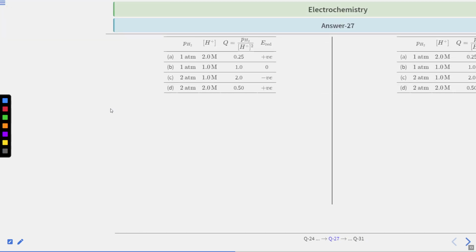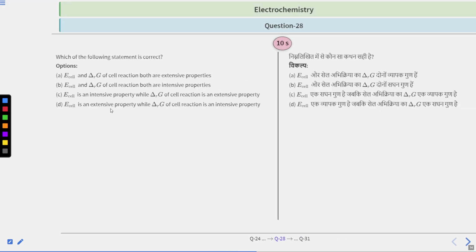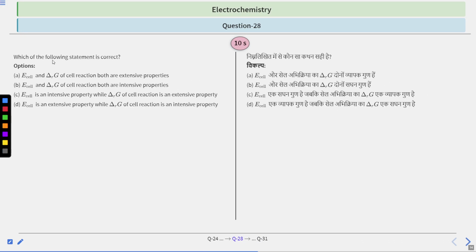Okay. Now let's move to the next question. Question number 28. Which of the following statements is correct? So we have to select the correct statement among the given options. Options are: E of cell, that is potential of cell, and del Rg of cell reaction, both are extensive properties.